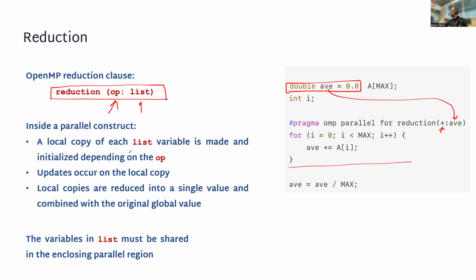It does that by having a local copy of this variable, like average here, and then it updates this local variable in this parallel region, and finally it sums them up together to have this average computed. So it's quite simple. I don't spend a lot of time explaining these things because it's quite easy when you read that.